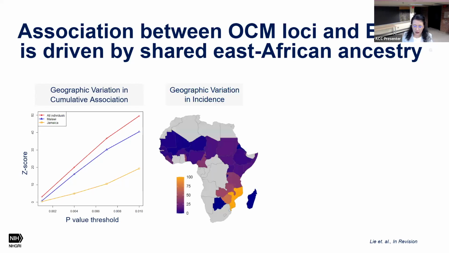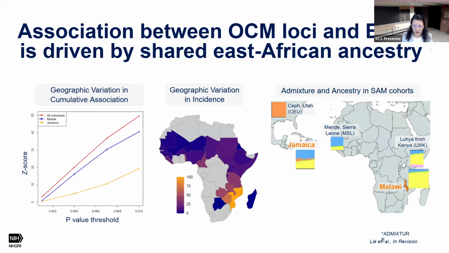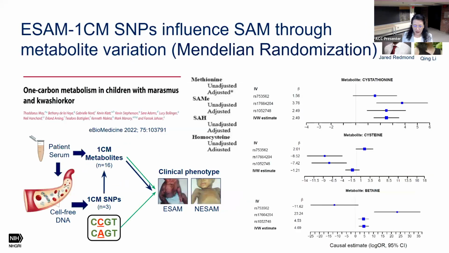We compare this to the local ancestry result over our entire cohort. We can see the East African ancestry might also play a role in ESAM development.